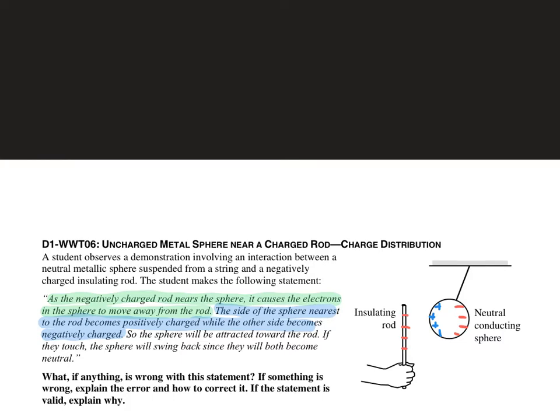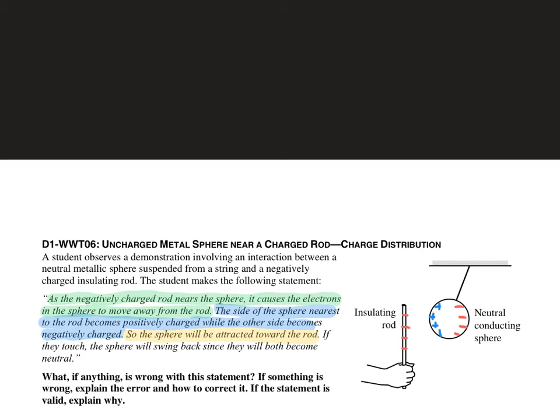If we could slow-mo video it, it might initially push it away if we could catch that moment, but more likely not. I could be wrong; been wrong before. So the sphere will be attracted toward the rod. I agree with that. So far, I think everything's legit.